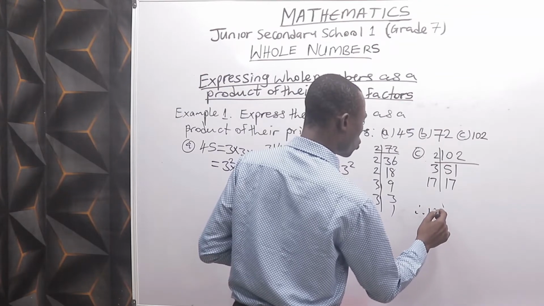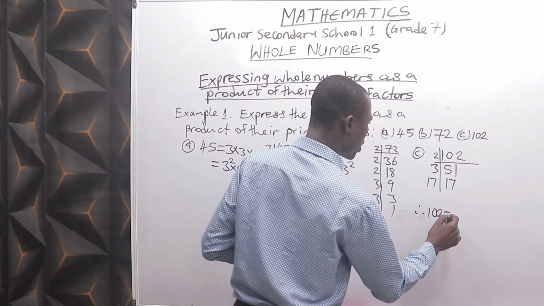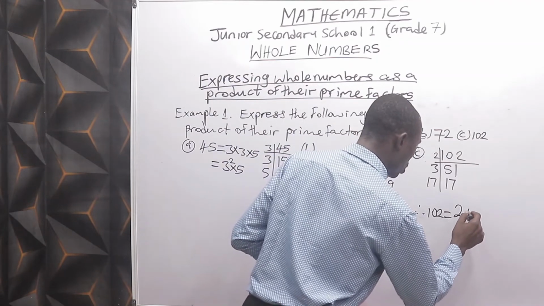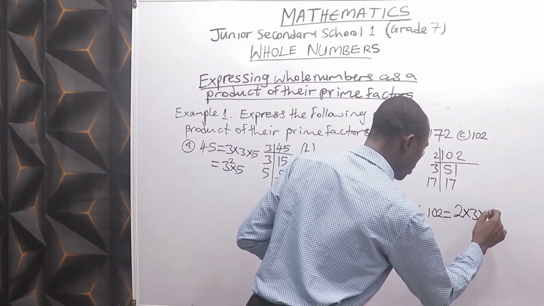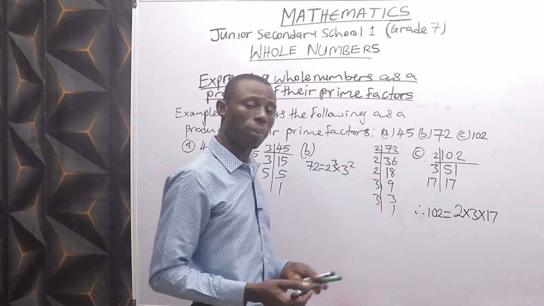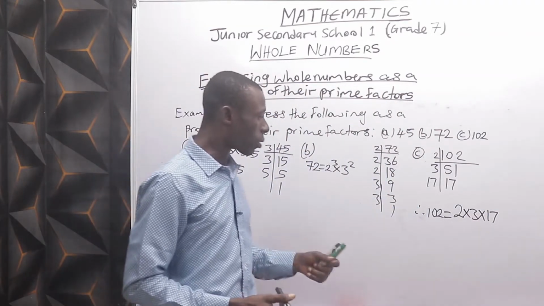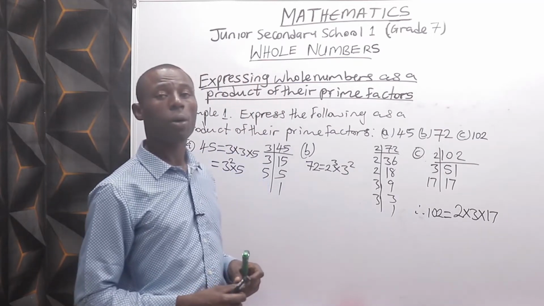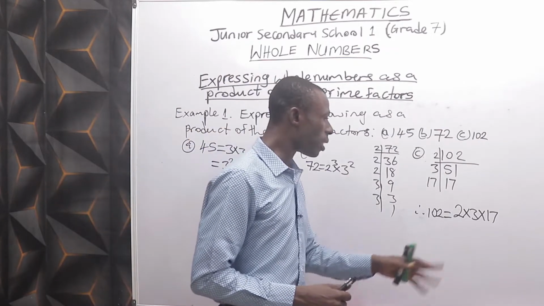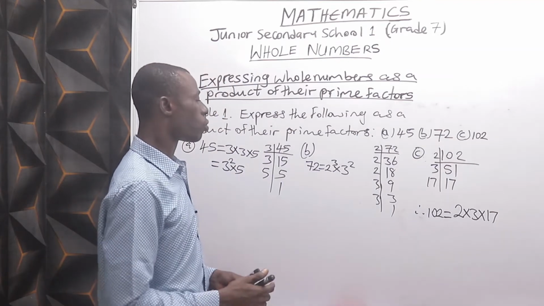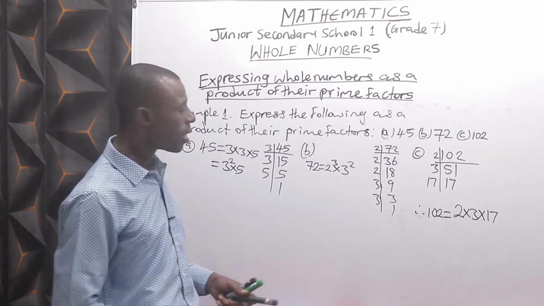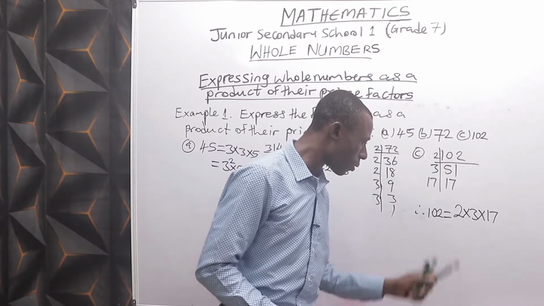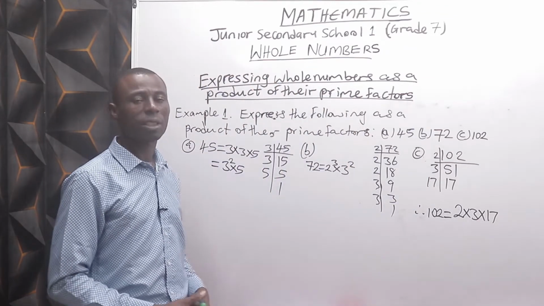Therefore, 102 could be expressed as a product of its prime factors as 2 times 3 times 17. 2 is a prime factor of 102. 3 is a prime factor of 102. 17 is a prime factor of 102. So 102 is expressed as a product of its prime factors as 2 times 3 times 17.